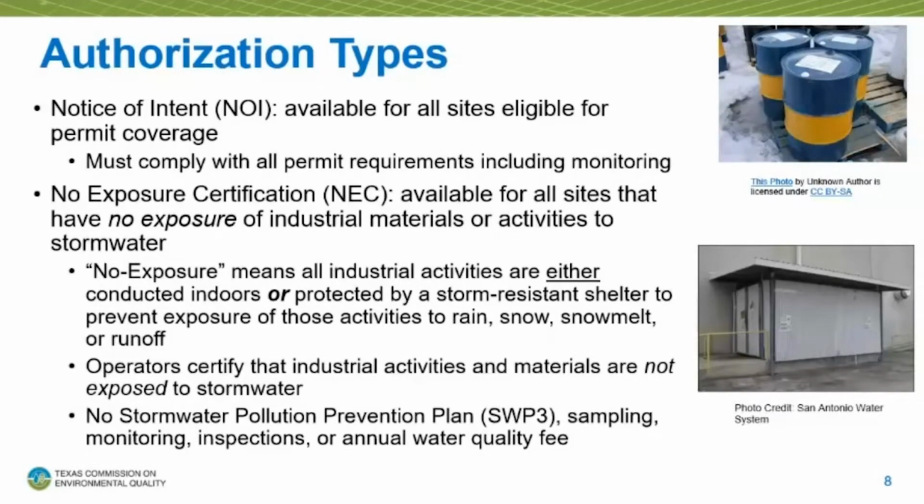So that usually means that things are conducted inside a building or under a storm resistant shelter. And our operators are then certifying that nothing that they're doing is exposed to stormwater. And because of that certification, then they don't have the sampling requirements or the inspections and the SWIP requirements that our notice of intent authorizations do.